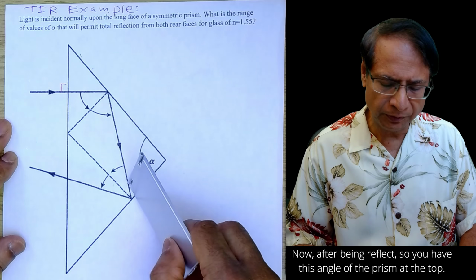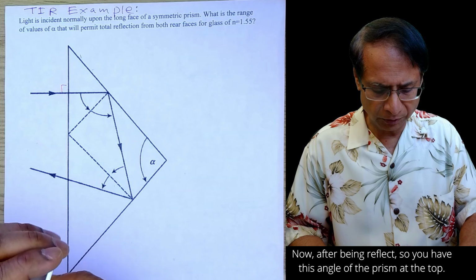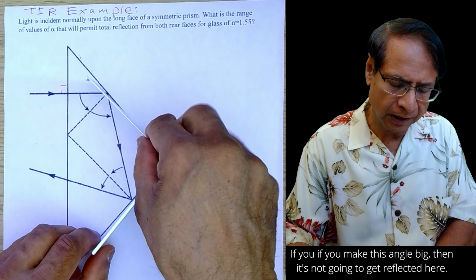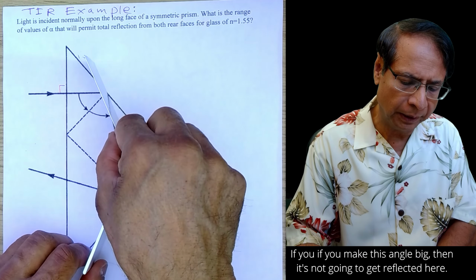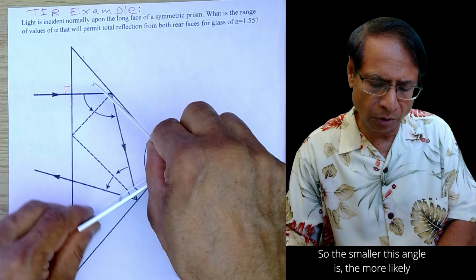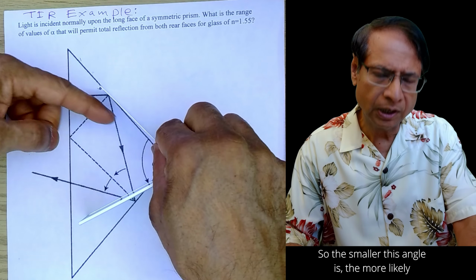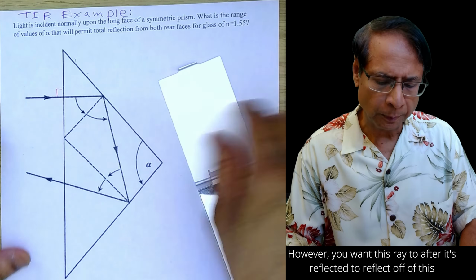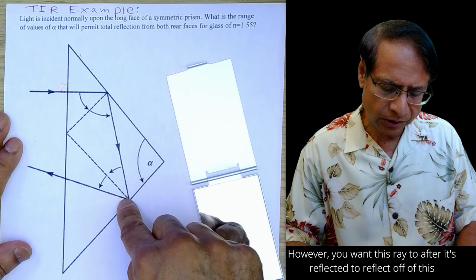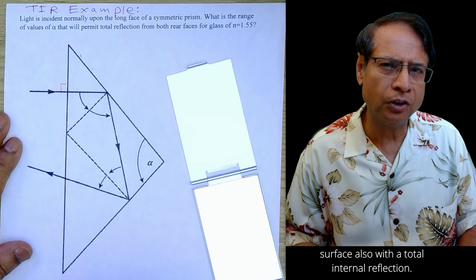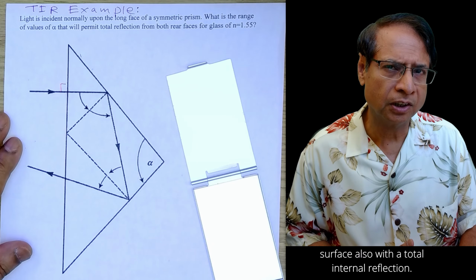Now after being reflected, you have this angle of the prism at the top. If you make this angle big, then it's not going to get reflected here. So the smaller this angle is, the more likely you'll have a total internal reflection on this side. However, you want this ray, after it's reflected, to reflect off of this surface also with total internal reflection.